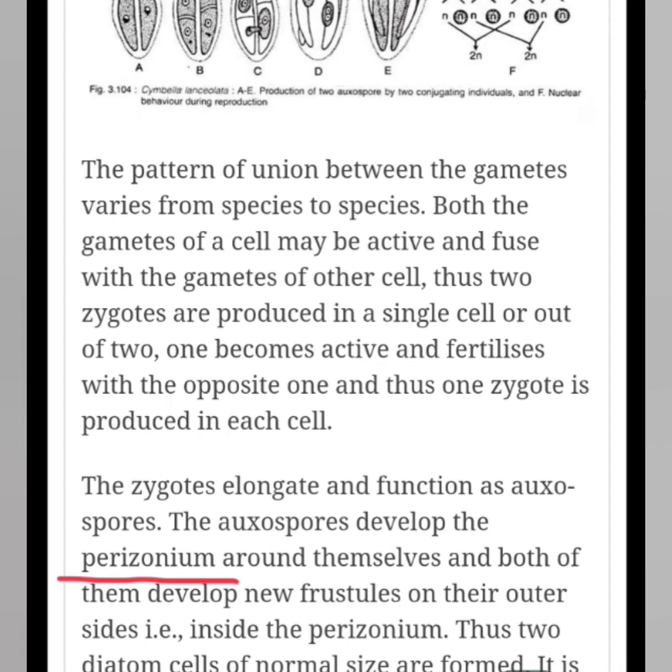Thus two diatoms of normal size are formed, and this type is found in Cymbella species and Gomphonema parvulum. So these are two examples of diatoms where this type of auxospore formation is found.